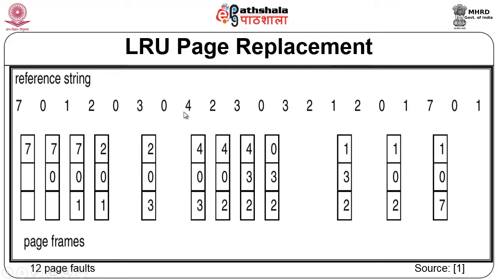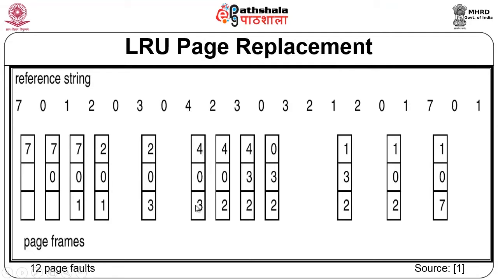And then you have a reference to page number 4. 4 is not present in the main memory and you have no free frame. So, you choose the one which was not used recently. Before the reference to 4, 0 was used, 3 was used and only before that 2 was used, and 2 is chosen for replacement, removed, and 4 is brought in.